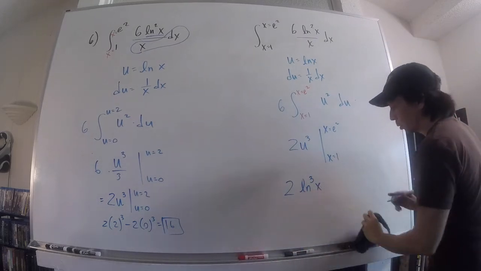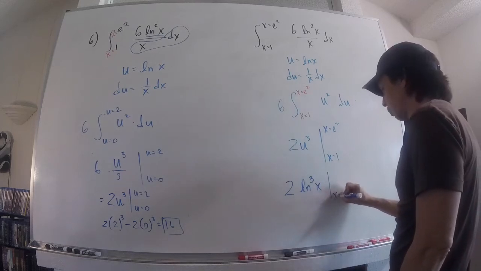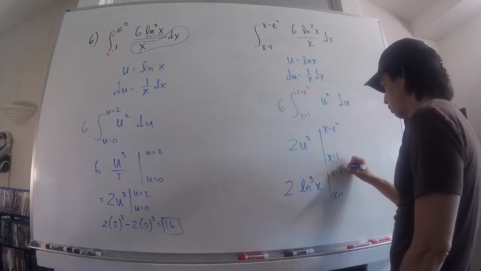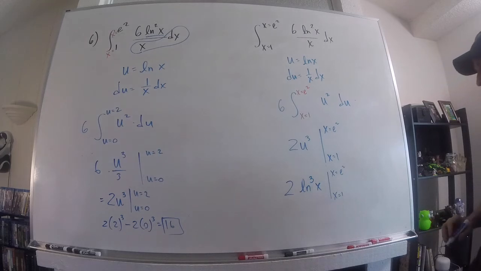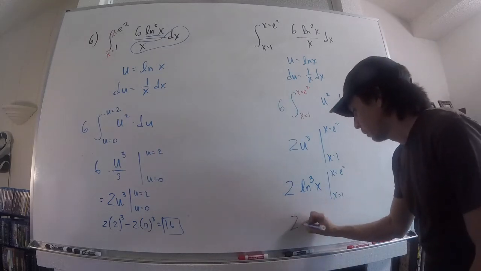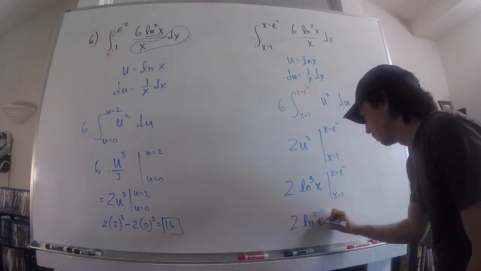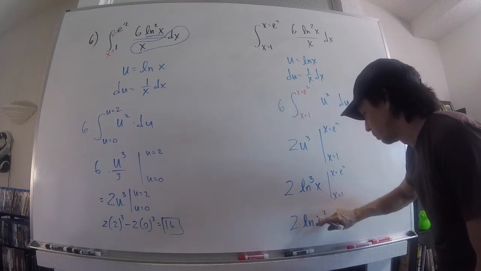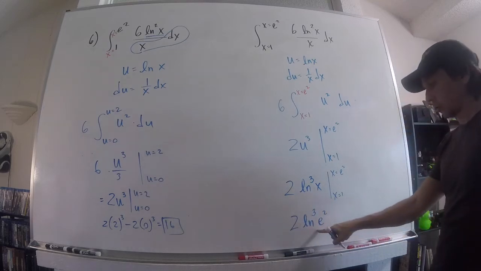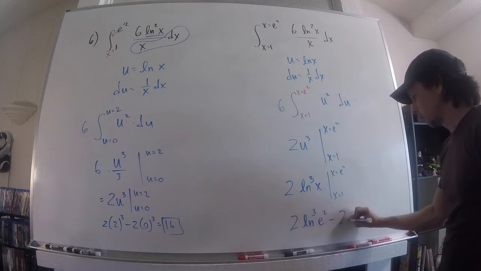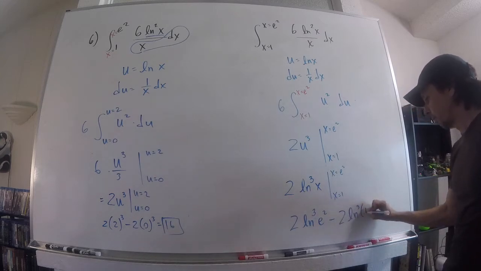I'm doing a definite integral, so I'm going to be plugging in x equals 1 and x equals e squared. So e squared in there. Oops, it's cubed. And then ln cubed of 1.